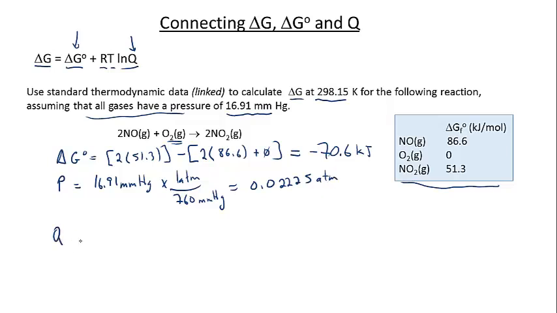So Q is going to equal the pressure of NO2 squared over the pressure of NO squared times the pressure of O2.